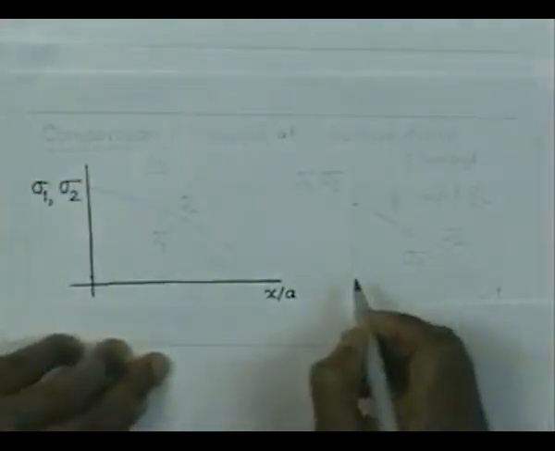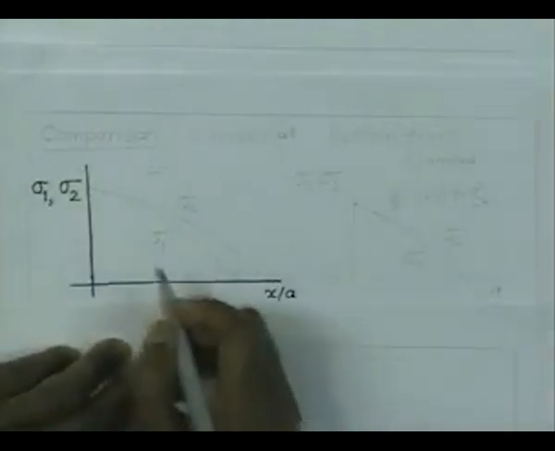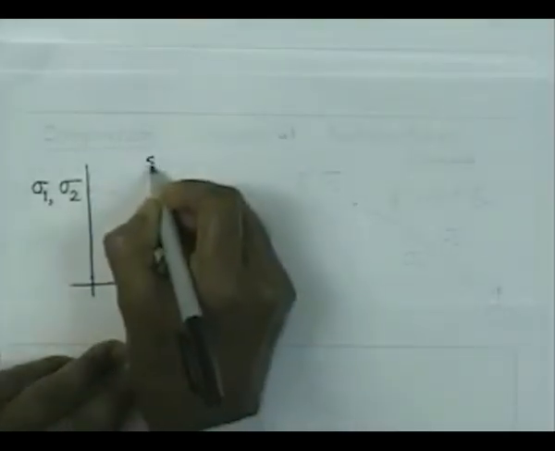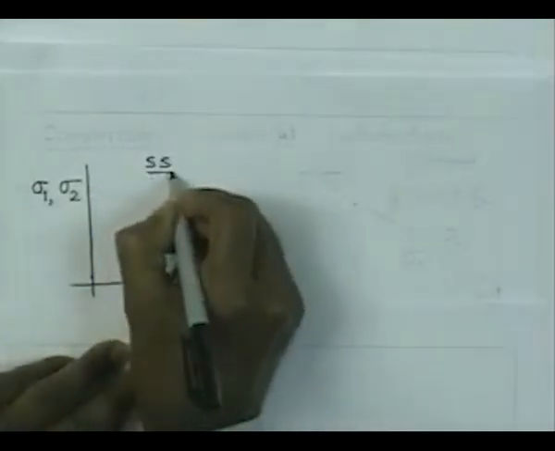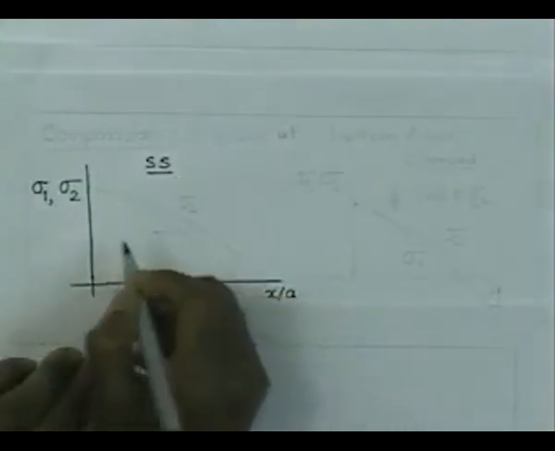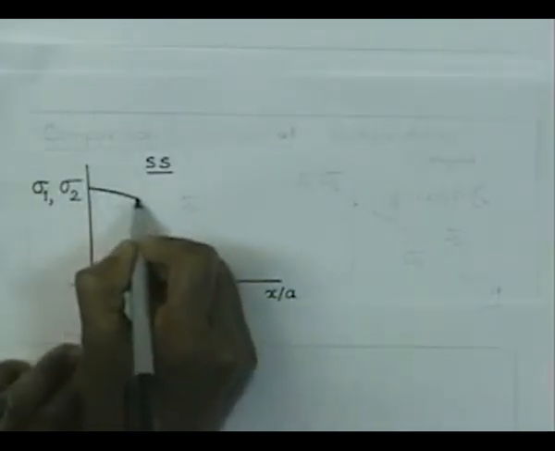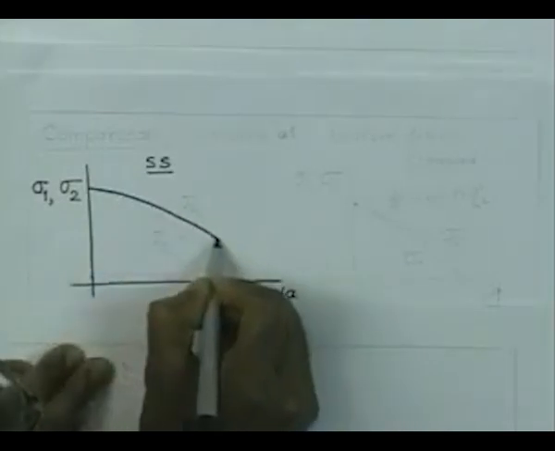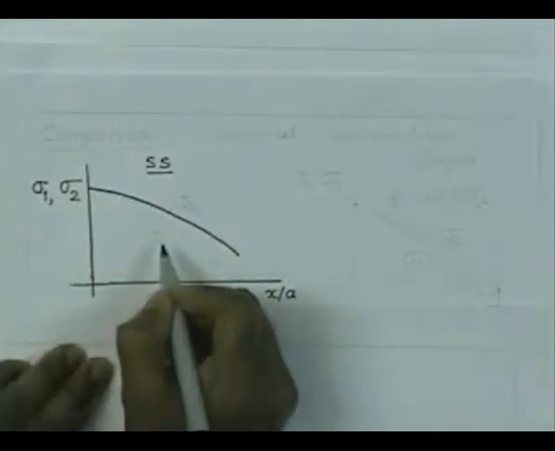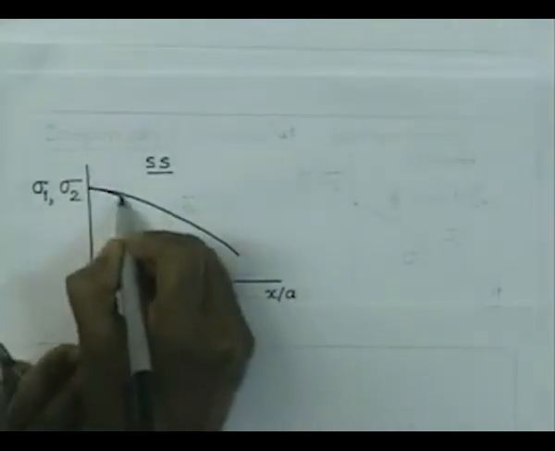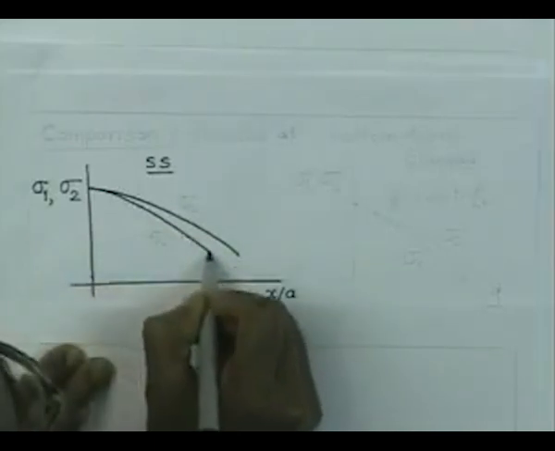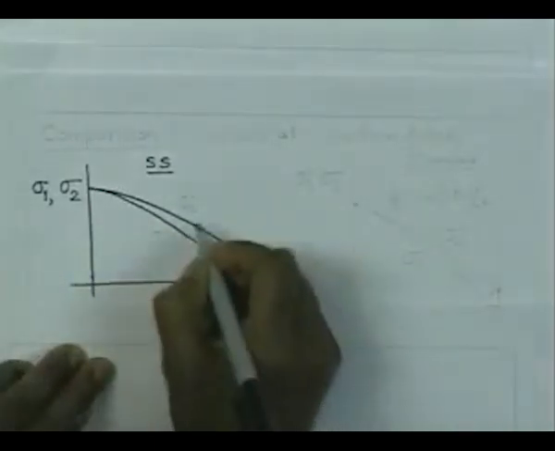So, we will have sigma 1 and sigma 2. For the simply supported plate, this is the variation of sigma 2, and this is the variation of sigma 1.